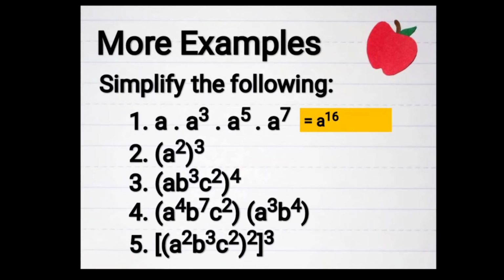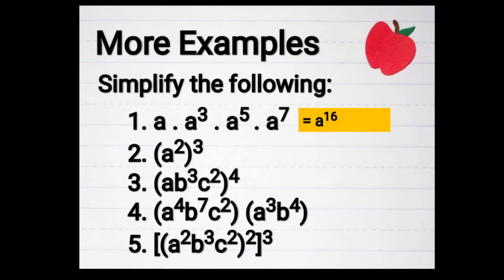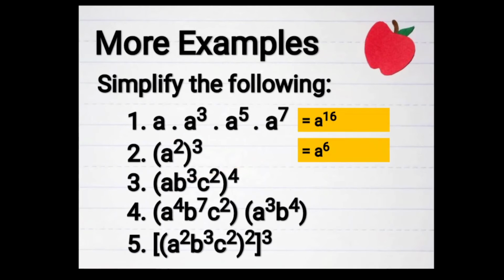So let's multiply based on the second law. We have to multiply the outer exponent and the exponent inside the parentheses. So copy the base a, then multiply 3 times 2. And the answer is a raised to the sixth power.